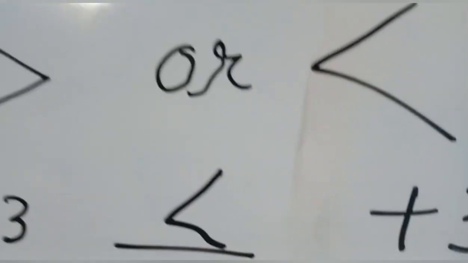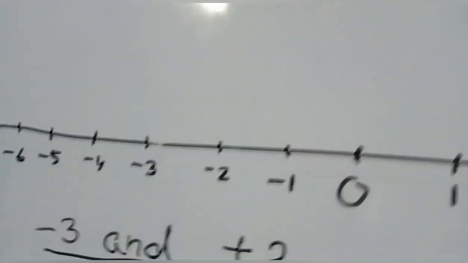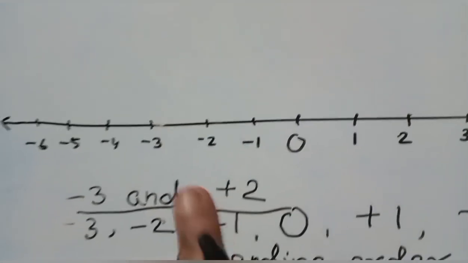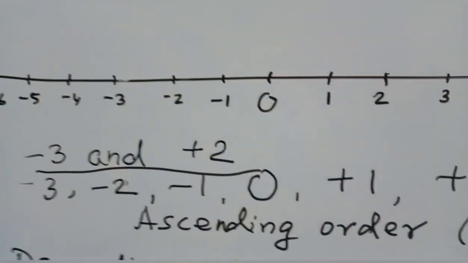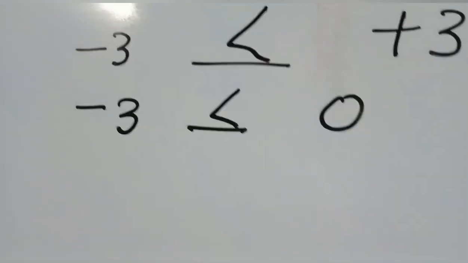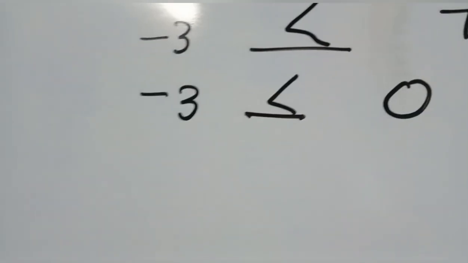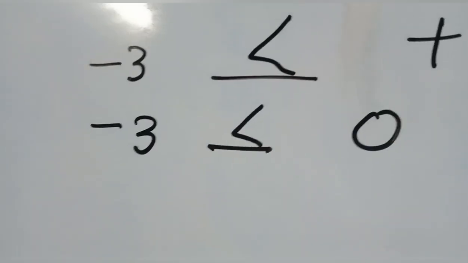Right? If I take minus 3 and 0, which is the bigger number? Minus 3, minus 2, minus 1, then comes the 0. As we move right hand side, the number value increases. So which is greater here? 0. As I told you, 0 is greater than any negative number. This you have to remember.